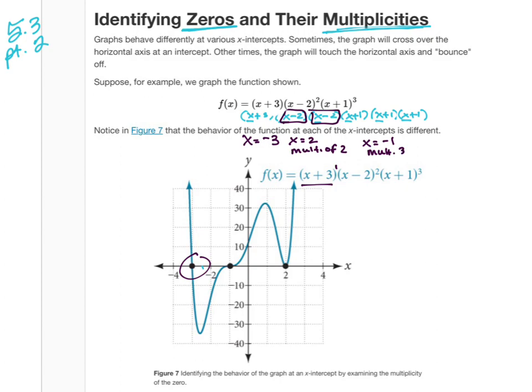It slashes through like a line. The second one has even multiplicity. X minus 2 squared, so the multiplicity there is 2. Therefore, it bounces. It's going to touch the x-axis and then bounce back off.